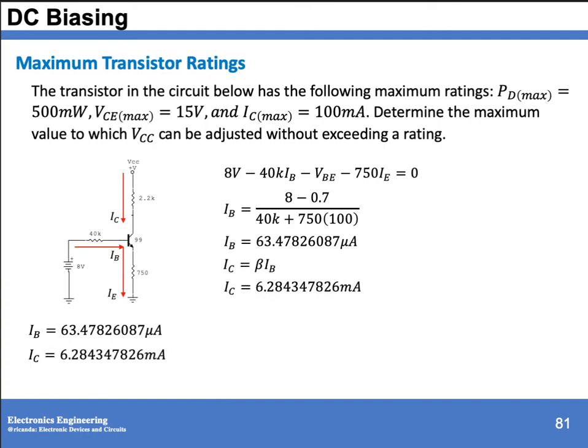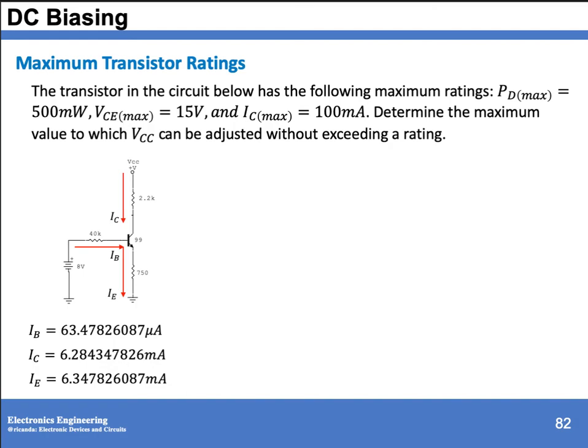So we have 6.284347826 milliamperes. And IE is equal to 6.347826087 milliamperes. Solving for the voltage drop across RC, we have already IC, so the voltage across RC is 22k times IC.